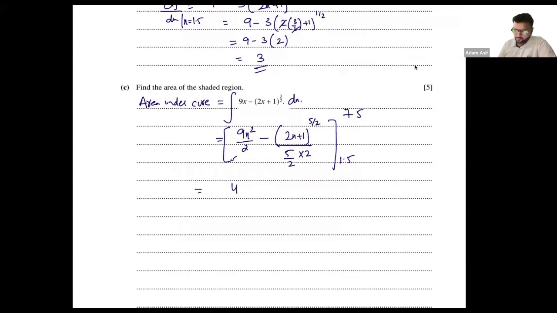So I'm getting 44.6. Now the shaded area would be this area minus the trapezium area.